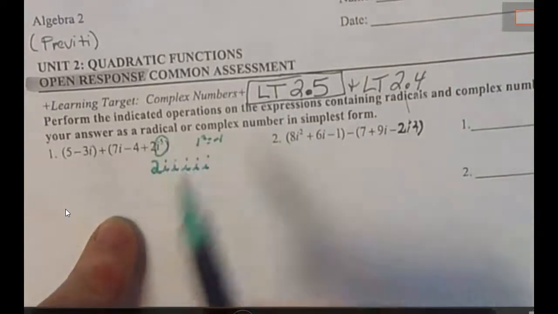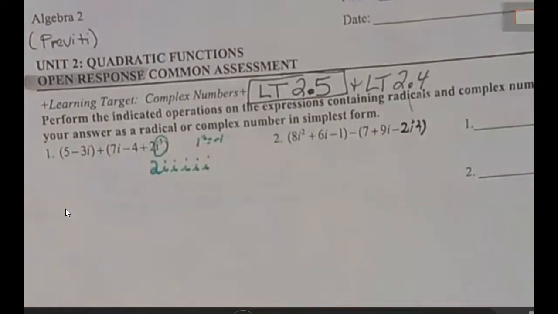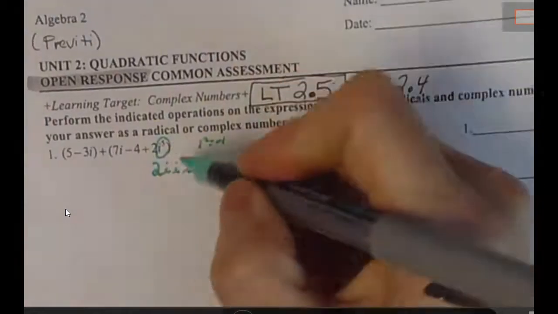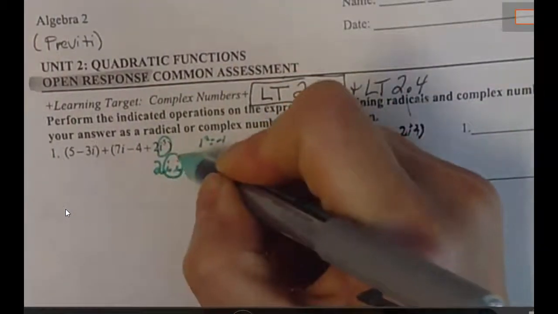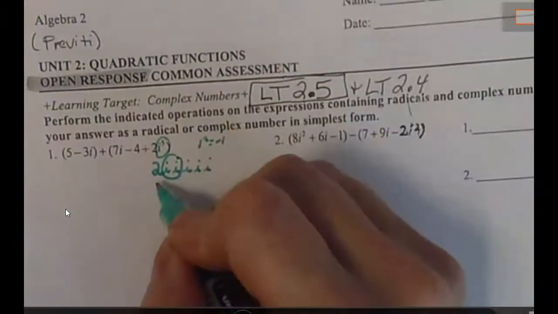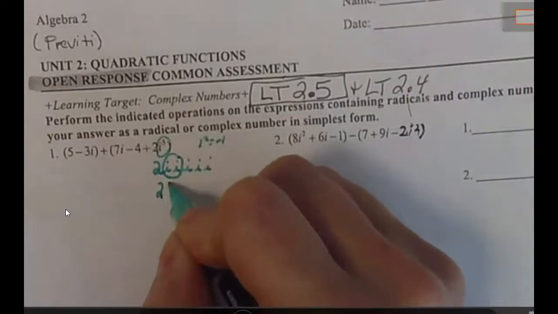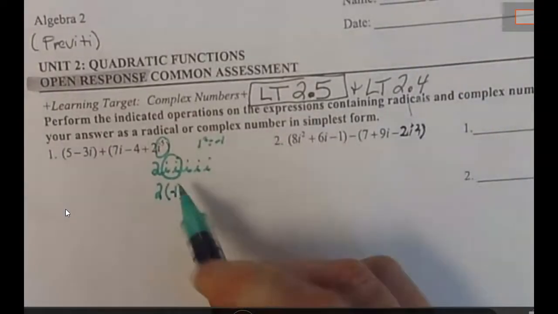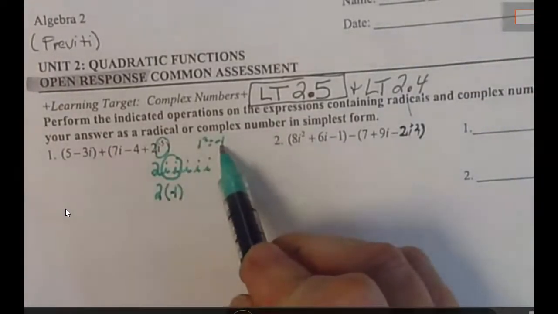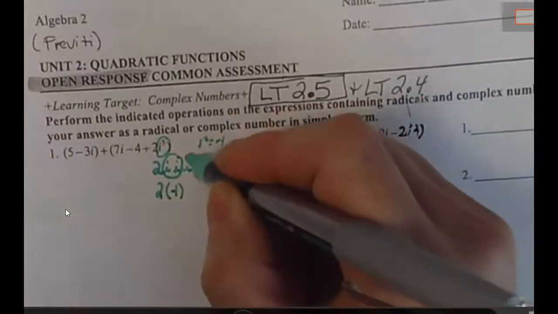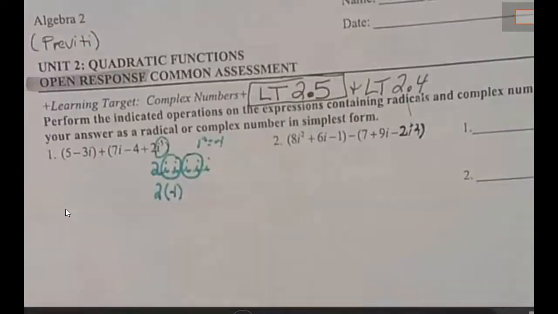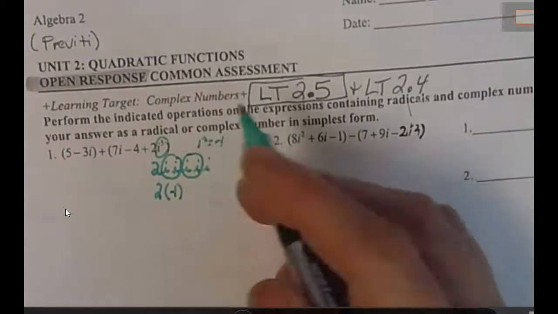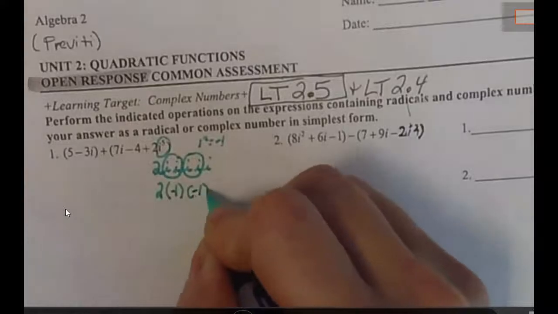And then we figure out how many i squareds we can pull out. Well, i squared is i times i, so I can pull out one of them. So then this becomes 2 times -1, because remember, an i squared is -1. I have another set I can pull out. i and i is i squared, so times another -1.